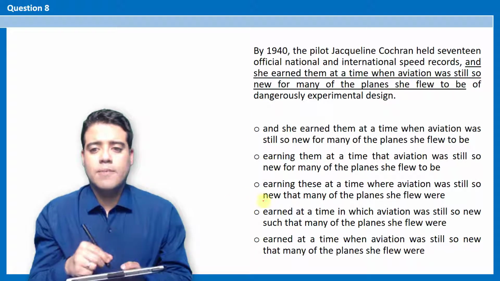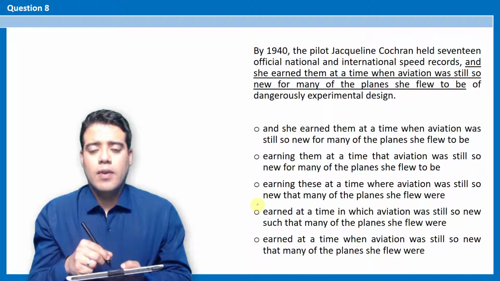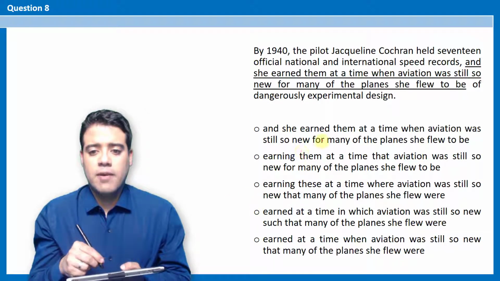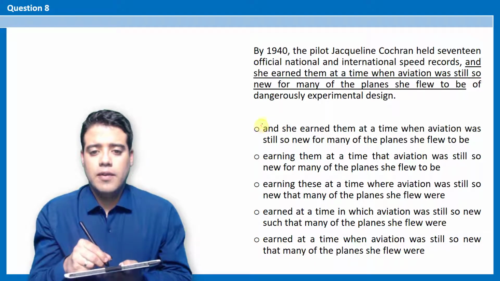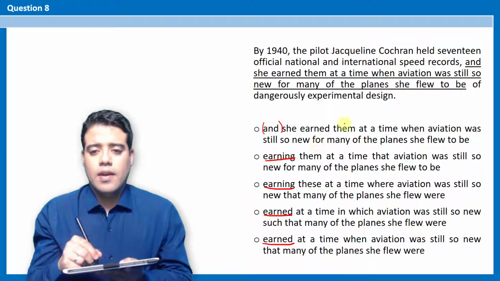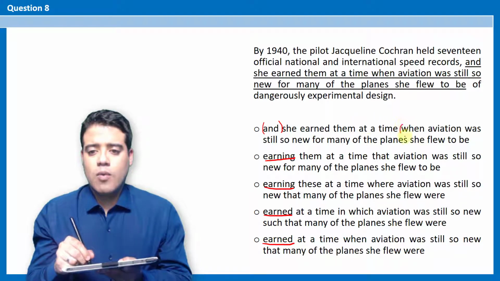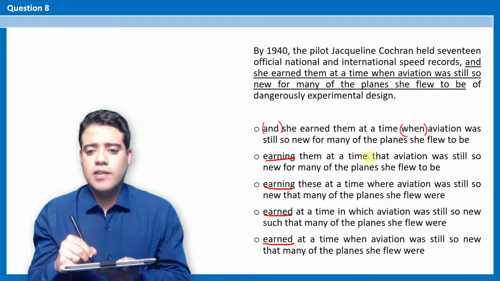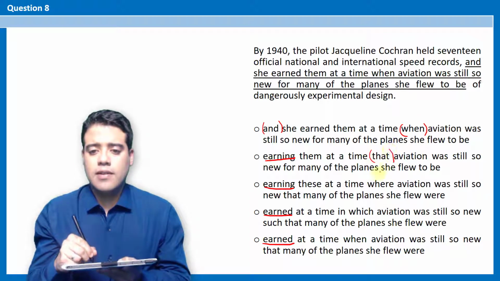Then we have number 8. Here we're going to put together some concepts we have seen before. Take a look at this split here. And versus earnings versus earned. Another split is a time when versus a time that versus a time where, a time in which.